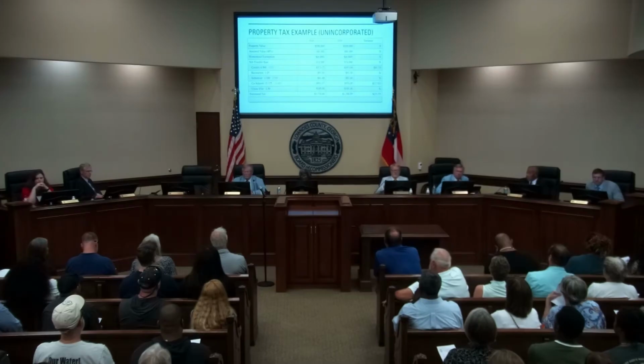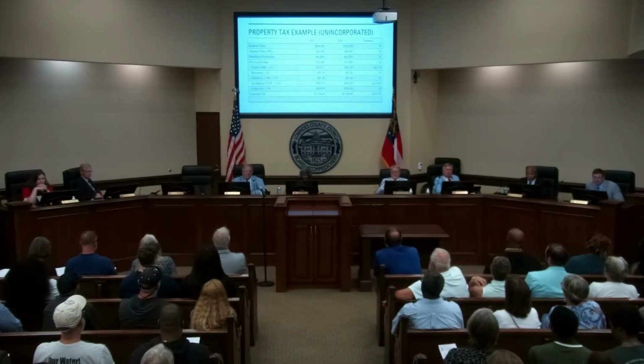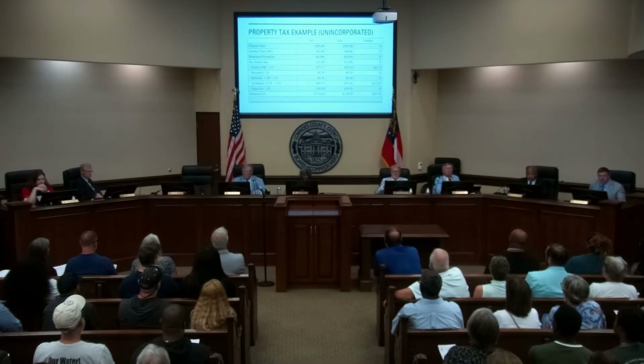As an example, for a property tax owner who lived in the unincorporated area, this is comparing 2025 with 2026. If you had a property valued at $200,000, the assessed value of that is 40%, which is $80,000. You subtract your homestead exemption, that gives you a net taxable base of $74,000.